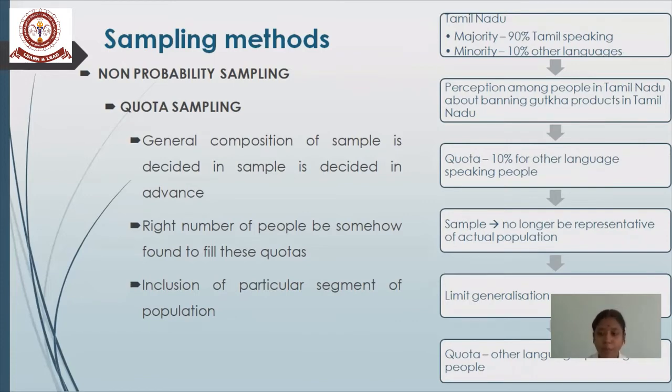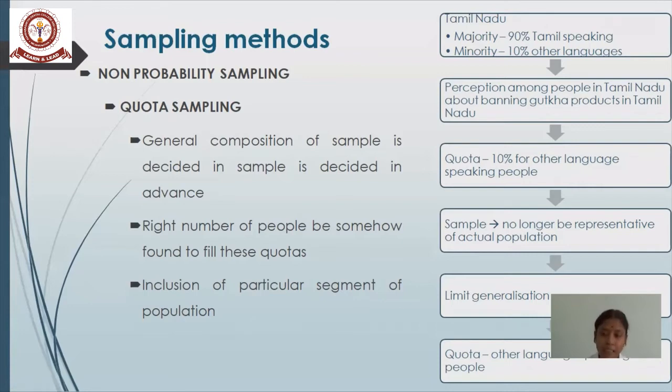In this case, the sample will no longer be representative of the actual population, because we are creating a quota for the other language population, and we'll be deciding that this percentage of the sample should have other language speaking people. So we can't do a random selection, but we are purposively selecting the other language population also. That is an important significance of quota sampling.